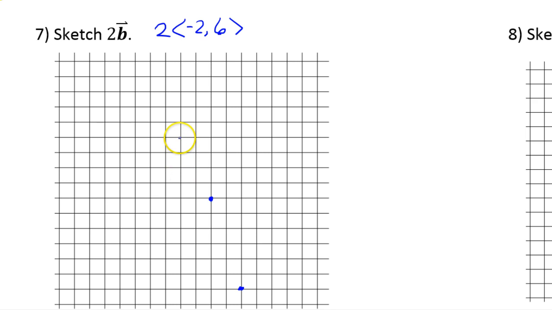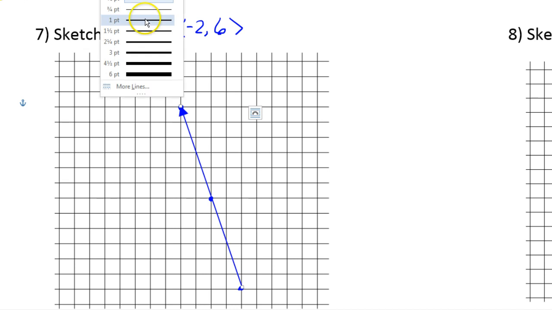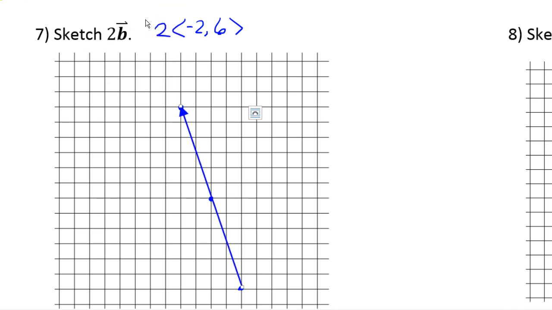2, 4, 6. Alright, so for vector 2b, this will be my initial point and this will be my terminal point. And I can just go ahead and draw that guy. Alright, and I'll just make it blue, because why not? It's pretty. So this is vector 2b.